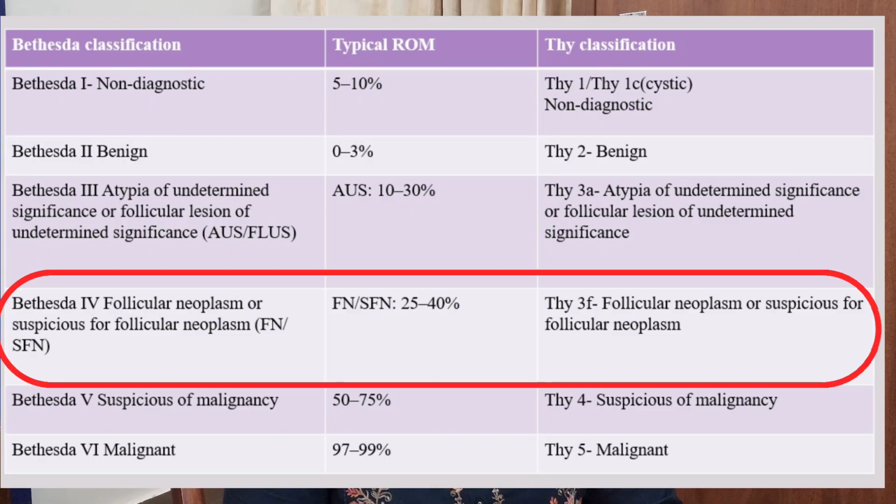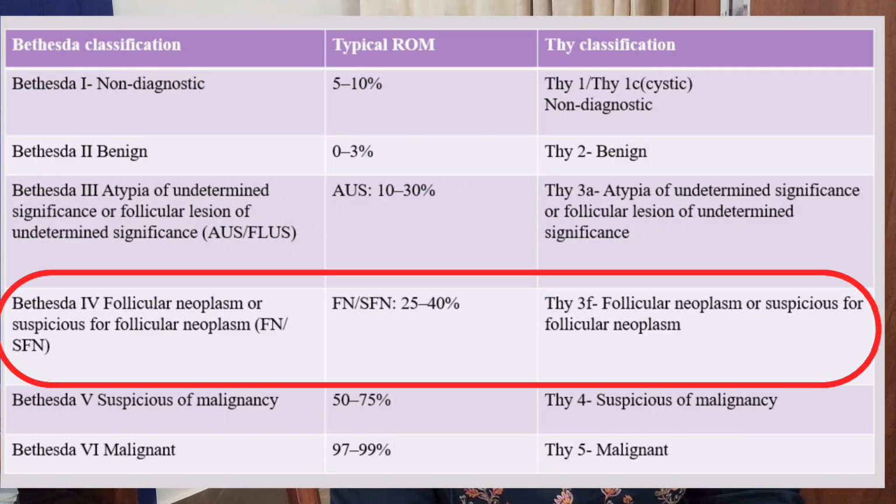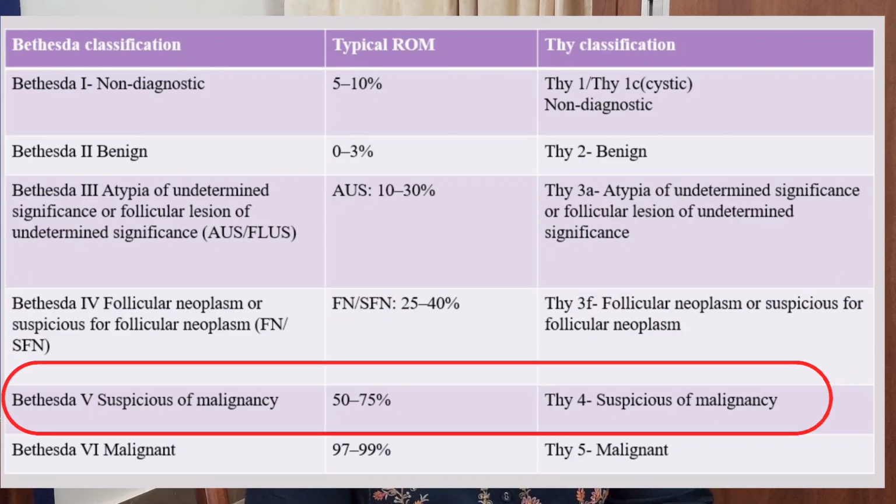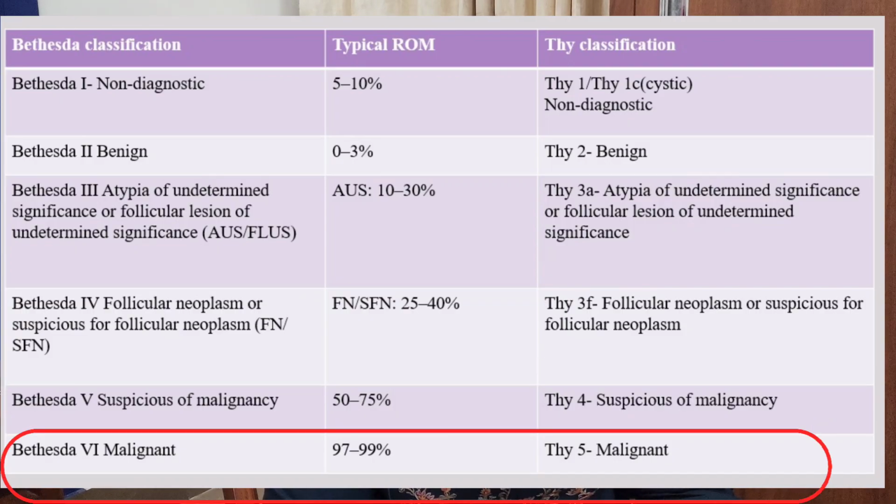Bethesda class 4, follicular neoplasm or suspicion for follicular neoplasm that carries risk of malignancy of around 25 to 40%. Bethesda 5, suspicious of malignancy that carries a risk of 50 to 75%, and Bethesda class 6, that is malignant, 97 to 99% risk of malignancy.